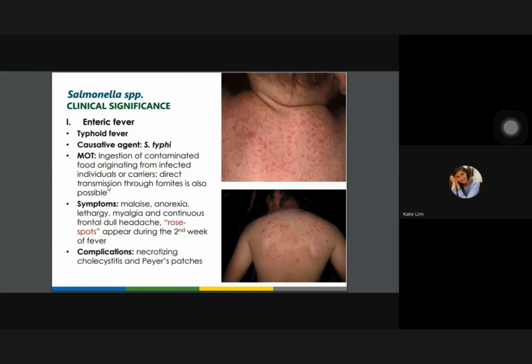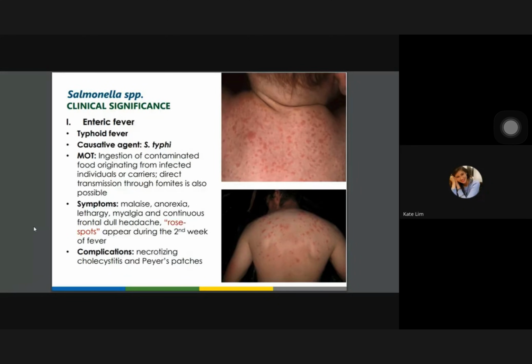This is how your typhoid fever looks like. A notable sign to look out for is the rose spots right here. The rose spots are small, reddish marks, as you can see in this picture, that usually appear on your stomach and chest. They are very common during the second week of fever. That is the unique characteristic of typhoid fever.